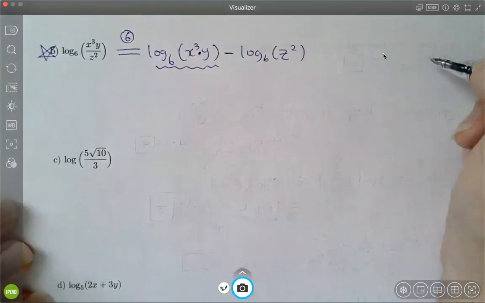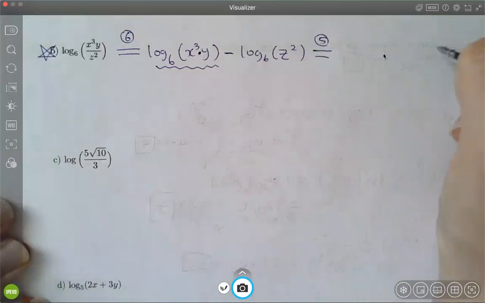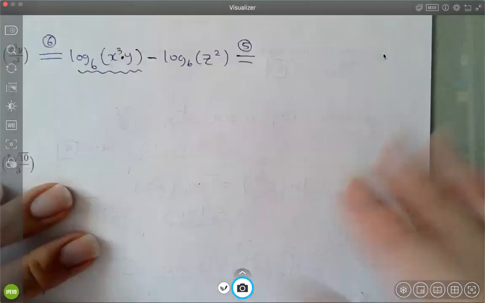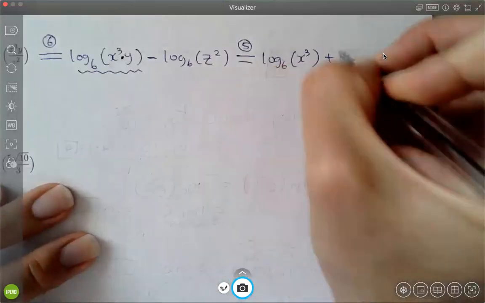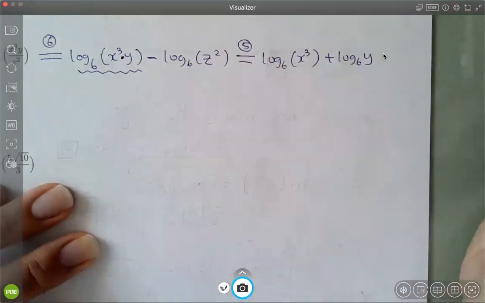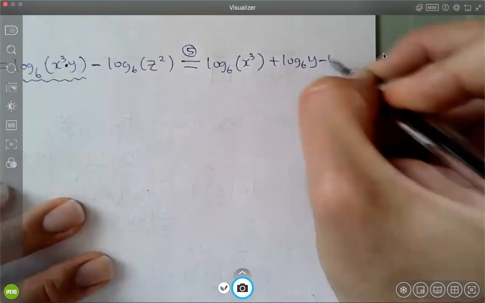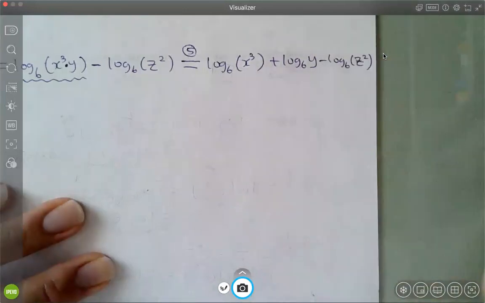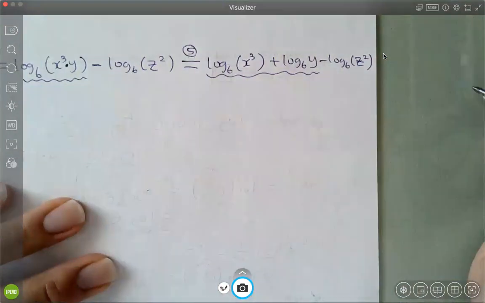So we see a product, and that means due to rule number 5, the first log is equal to log 6 of x cubed plus log 6 of y, and then we don't touch the last log, so log 6 of z squared. So this changes into this. And now, is that it?